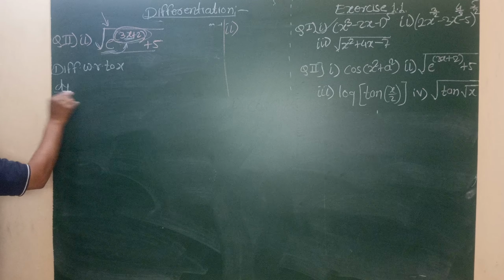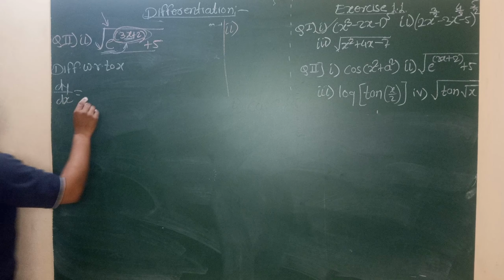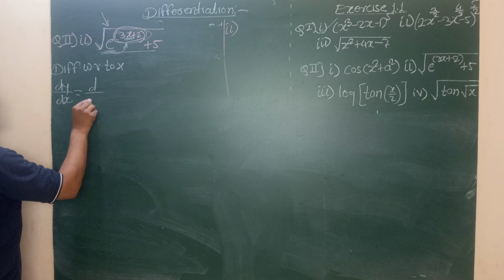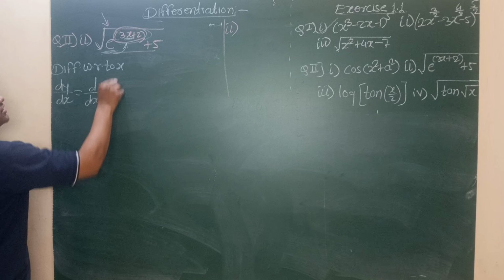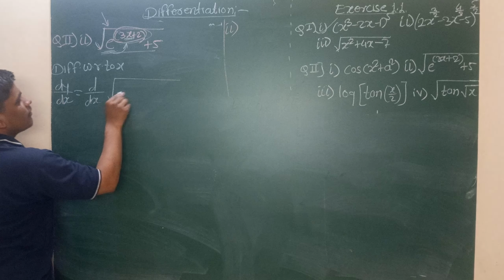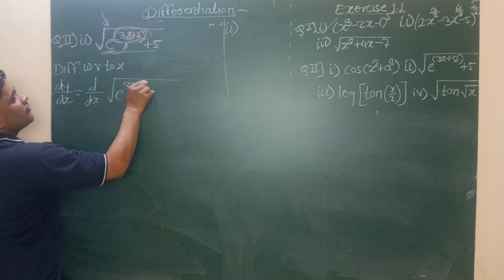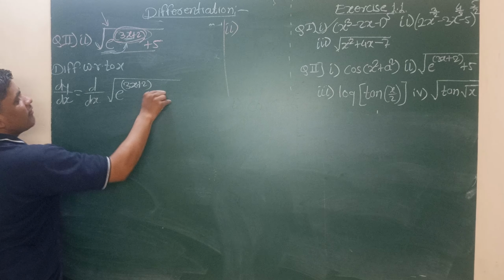Now dy by dx is equal to d by dx of under root e raised to 3x plus 2 plus 5.